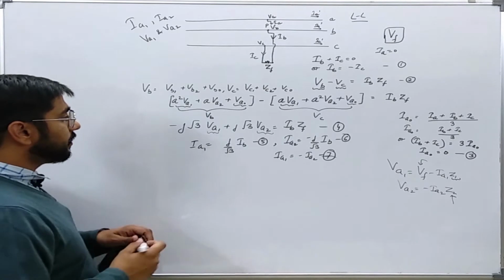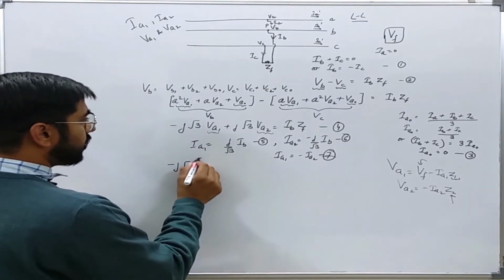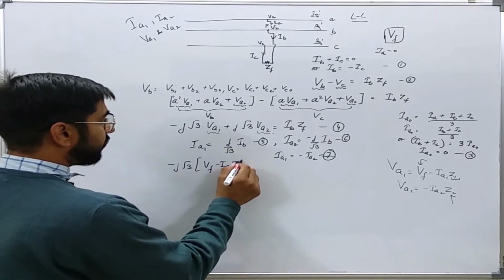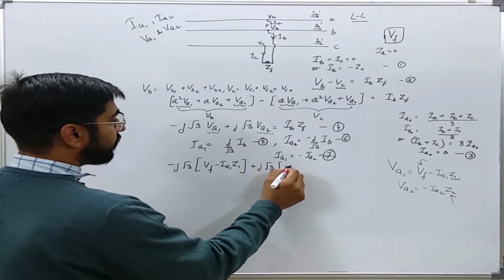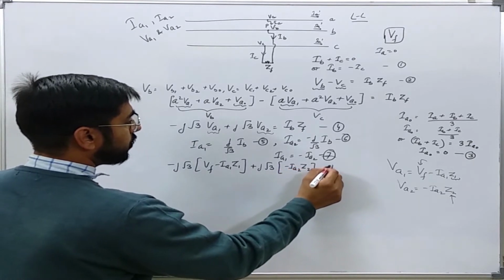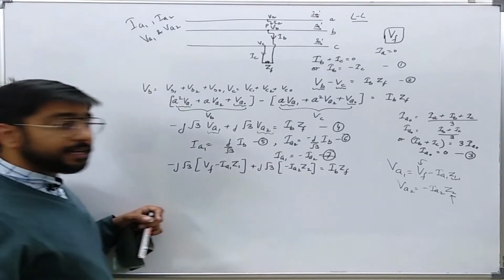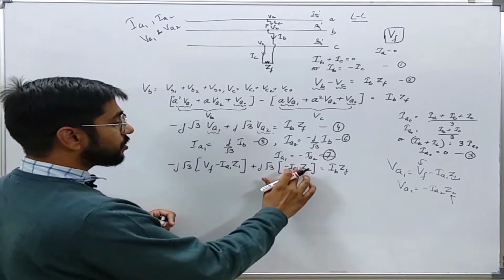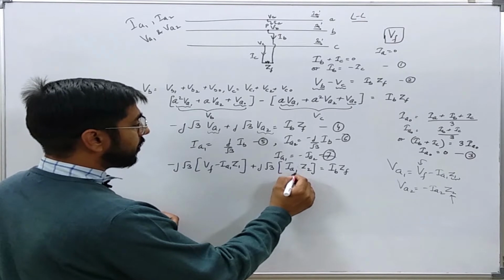So what we will get: minus j root 3 (VF minus IA1 Z1) plus j root 3 (minus IA2 Z2) is equal to IB over ZF. Now IA1 is equal to minus of IA2, as we have seen from equation number 7, so I can write this as just IA1.